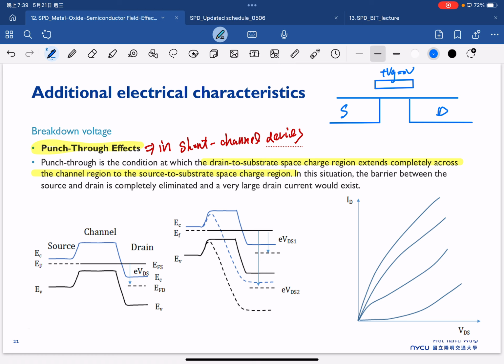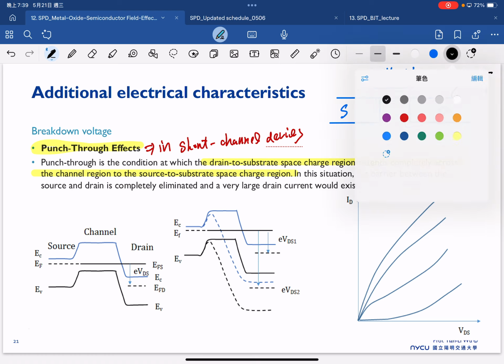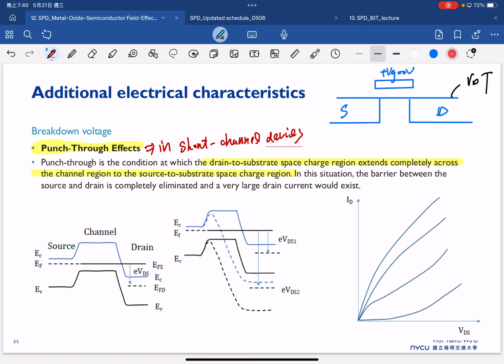Once we increase our VD, in the case without increasing the drain bias, we already have depletion regions in the drain side and source side, which I show here. This is our depletion width, and this is our depletion width. But now, because our drain bias increases, the depletion width in the drain side can further extend.